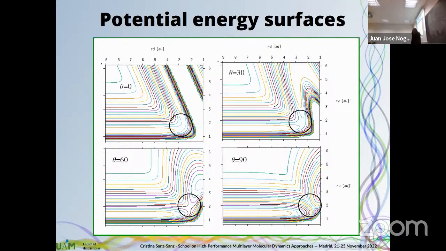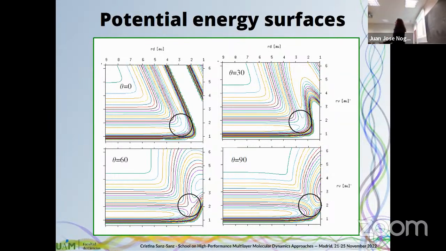So here we have the RD, this reaction coordinate, on the x-axis, and the RV on the other one. What we see is that we have a channel basically. So we have the H2 molecule here. If I do a cut here, what I will see is the potential curve for the diatomic molecule H2.